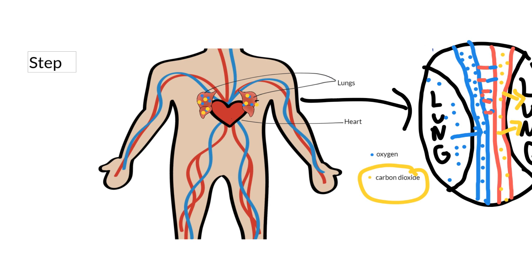These capillaries are wrapped around the lungs, and that's where this is switching. Oxygen into the blood, carbon dioxide out. So oxygen from the lung to the blood, carbon dioxide from the blood to the lung. Why? What can that lung do with that?